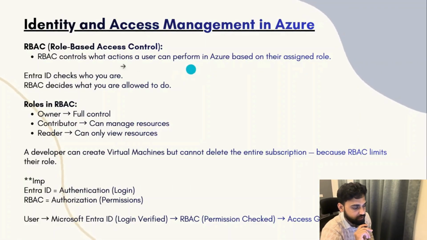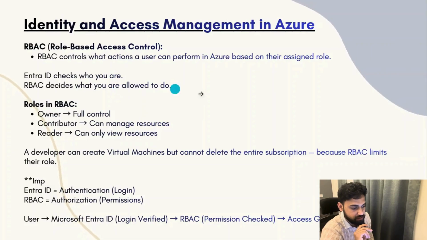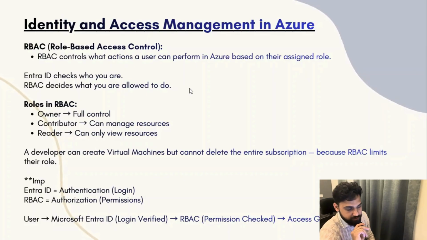So Entra ID checks who you are, that means authentication, and RBAC, role-based access control, decides what you are allowed to do. I hope you understand the difference between these two. These are the simplest definitions possible.